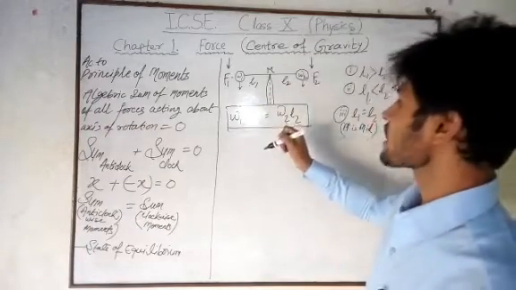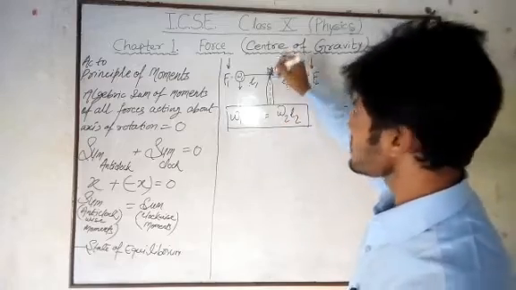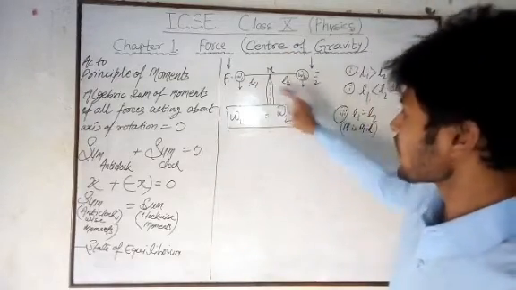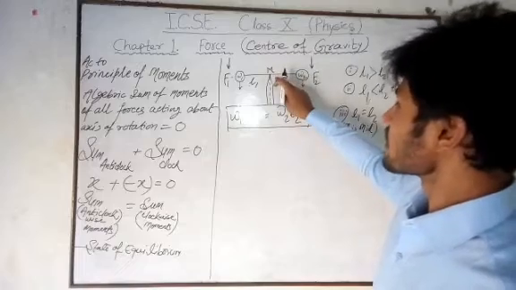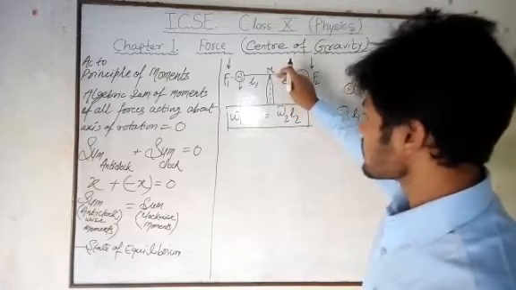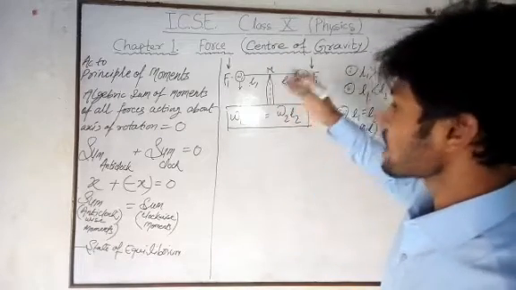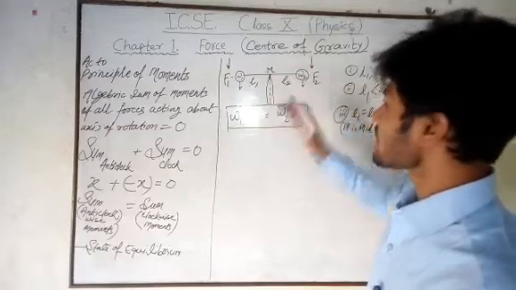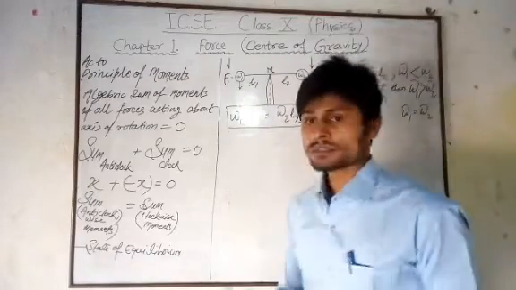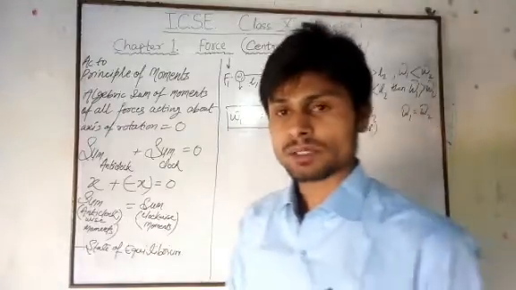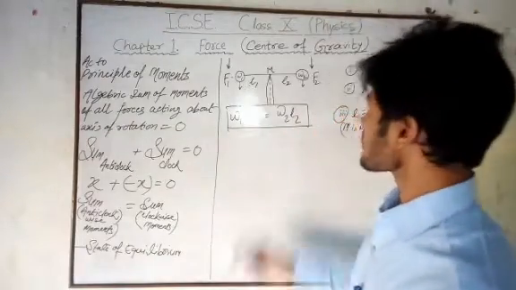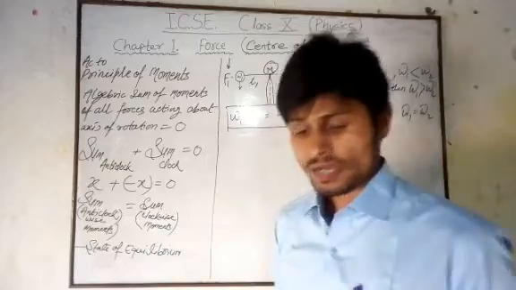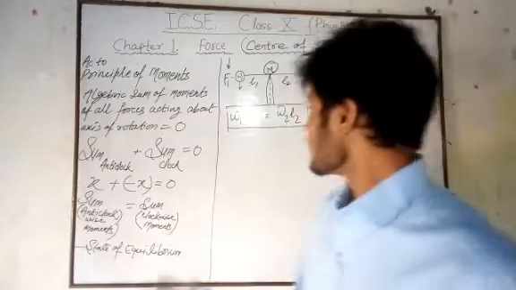Here in this particular case, M is the unique point of the body, and when forces are applied on the body about the axis through M, then the body comes in the state of equilibrium. So what is the importance of M here? This point M has some importance. Let me tell you about this.